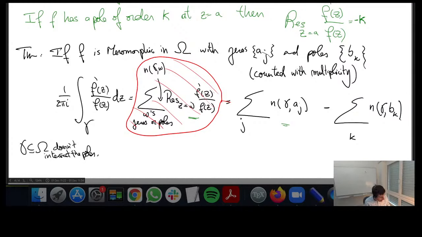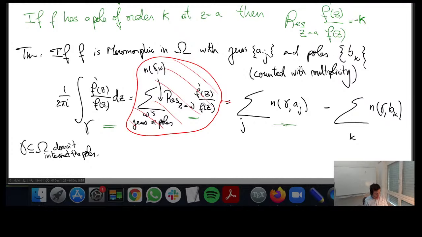We know that it's the sum of the residues around the isolated singularities. The isolated singularities of f prime z over f z are exactly the zeros or the poles of f of z, because it has no essential singularities. And the residue around each zero is equal to the order of the zero.